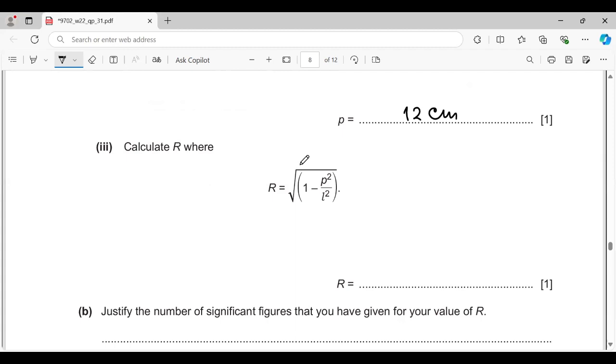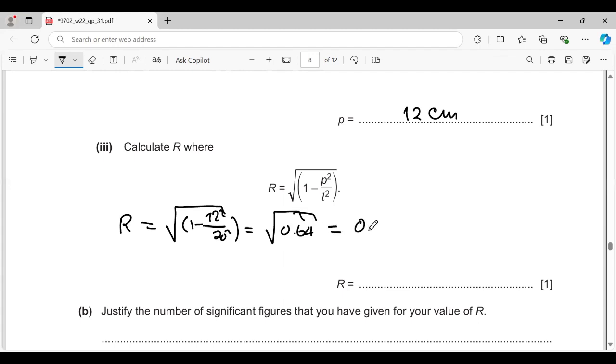Calculate R, where this is the formula, R equals square root of 1 minus P squared over L squared. So R will be square root of 1 minus 12 squared over 20 squared, and it is square root of 0.64.